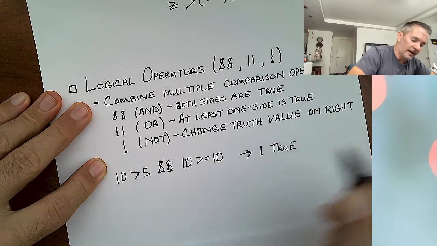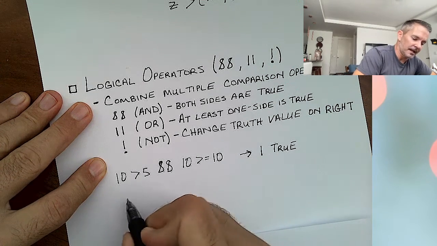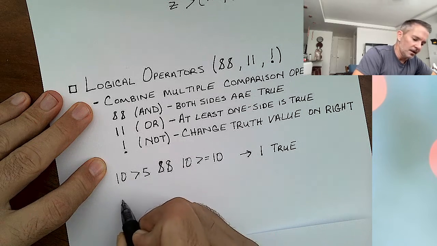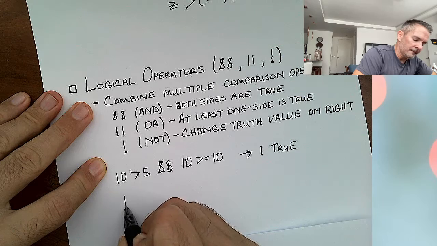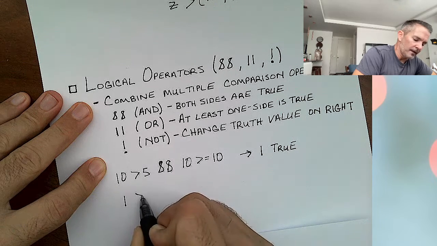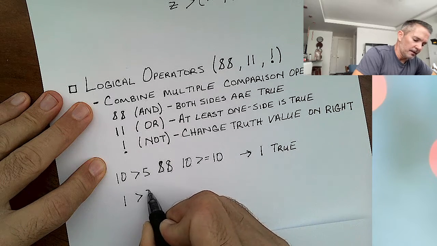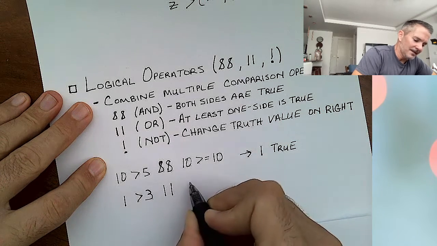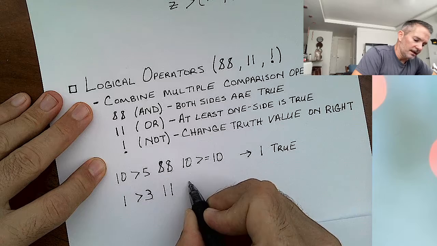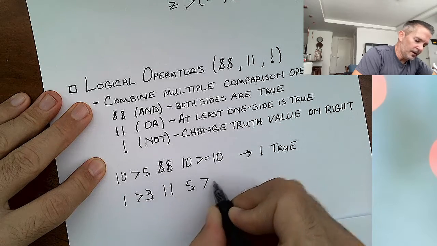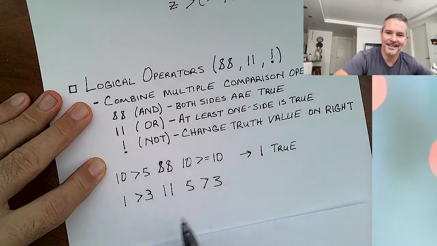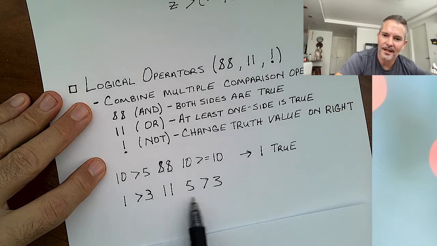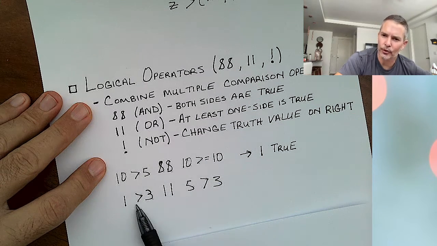On the other hand, I might say something like, is 1 greater than 3, or is 5 greater than 3? So what I'm asking here is, is at least one side of this true?